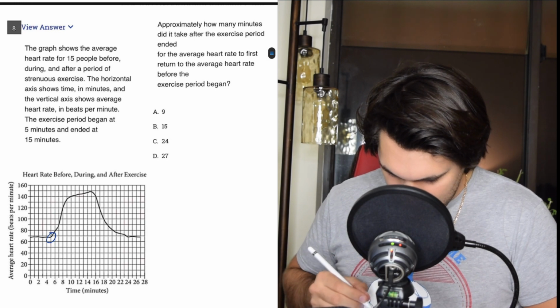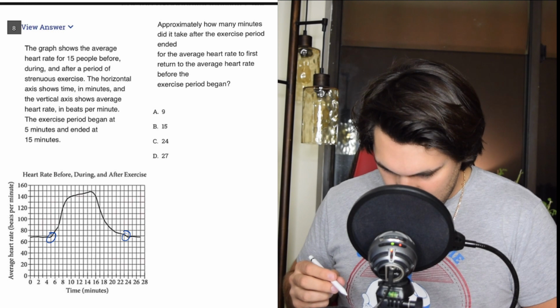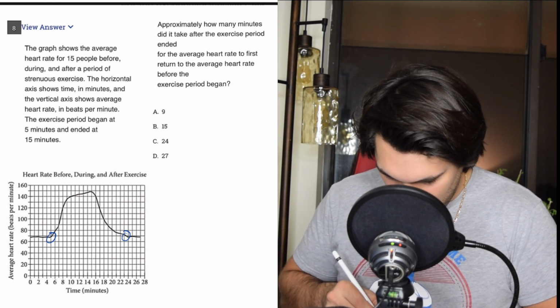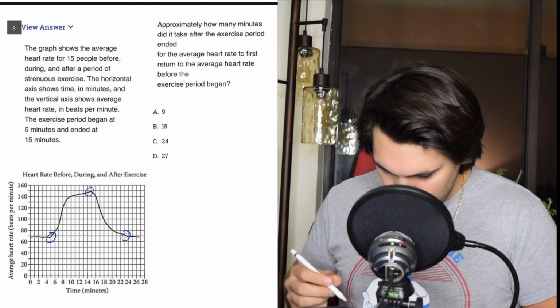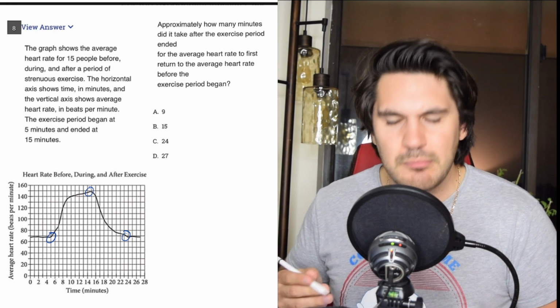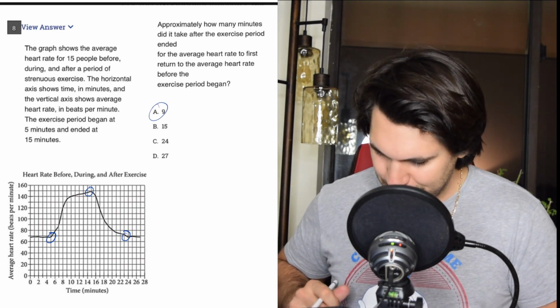And to get back was right here. And it ended at 15 minutes, so it ended right here. So it looks like it took about 9 or 10 minutes just looking at it. So I'm going to pick answer A.